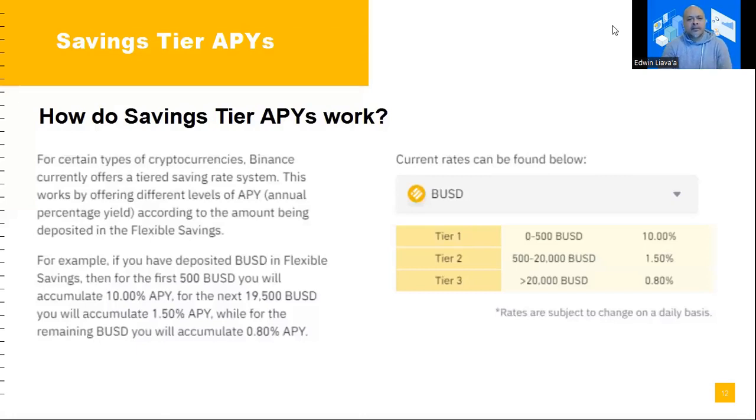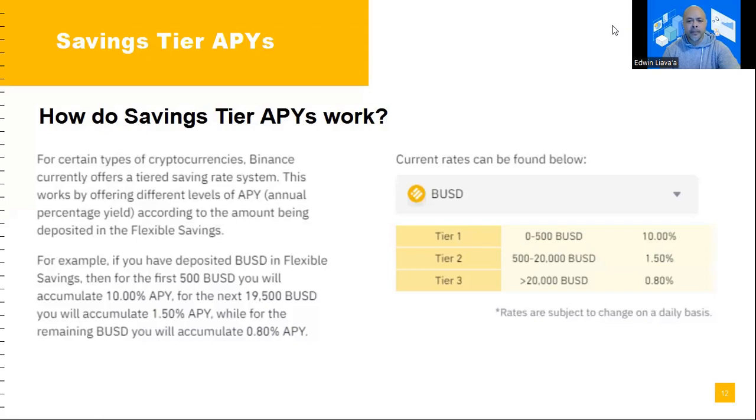Also, with Binance savings, it's very important for you to understand the annual percentage yield, or APY, and how it works on certain tier levels and certain percentages, right? For example, if you are investing in Binance USD, which, like I mentioned before, is a stable coin compared to the US dollar: on tier 1, the first 500 BUSD, you'll earn 10%.